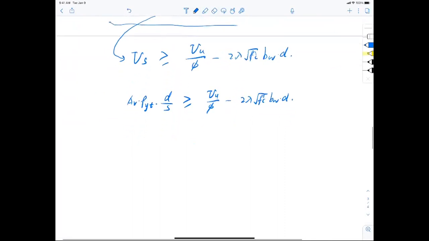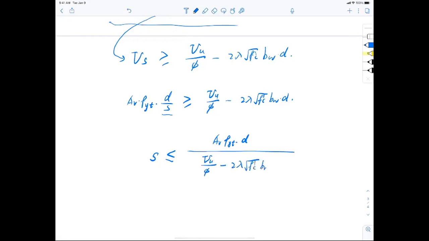Then what I need to get is the spacing s. I can manipulate the equation: s has to be smaller than or equal to Av fyt multiplied by d divided by Vu over phi minus 2 lambda square root f'c bw d.